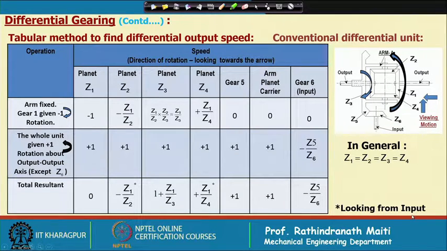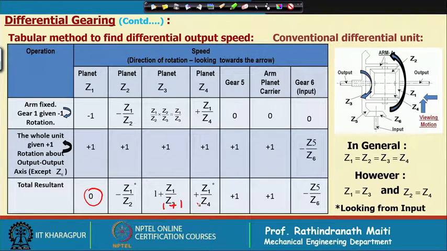But interestingly, we find that in case Z1 is equal to Z2 is equal to Z3 and Z4, even if it is not that, Z1 will be equal to Z3. This means that this becomes 1 plus 1, 2, whereas this is 0, and this becomes 1 plus 1, 2 in the direction. It depends on what direction this is rotating.